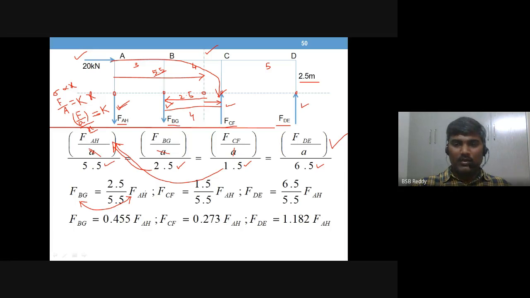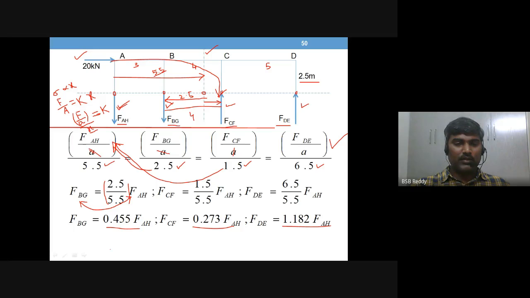Likewise for all three, so 6.5 divided by 5.5 FAH. Do these values with your calculator, and these are the relations. Got it? Just simplify that.